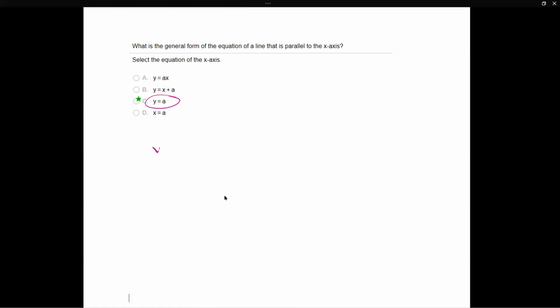So let's say for example y equal 2. If you just graph it, then that's the line. So y equal a number, let's say 2. If it's 0, it'll be the same one, same x-axis, but it should be something different than 0.